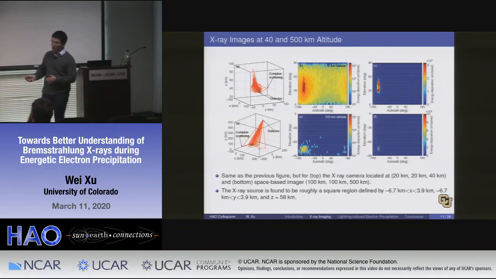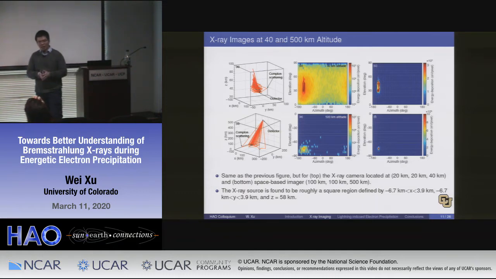The results are pretty similar to those at 35 kilometer altitude. The bottom panels here show the simulation results at 500 kilometer altitude, representing satellite measurements. Different from these figures, the energy deposition in the X-ray images at 500 kilometer altitude is a bright spot.